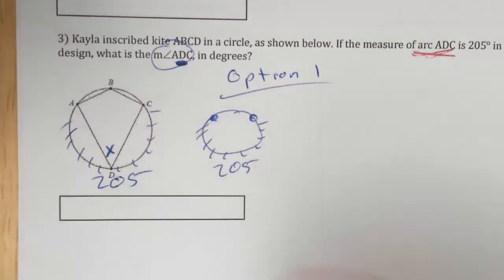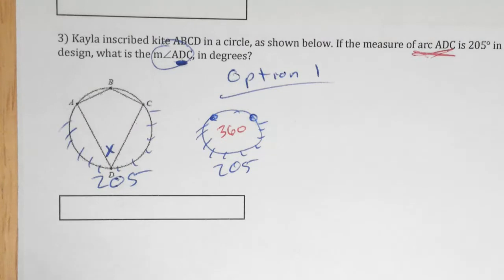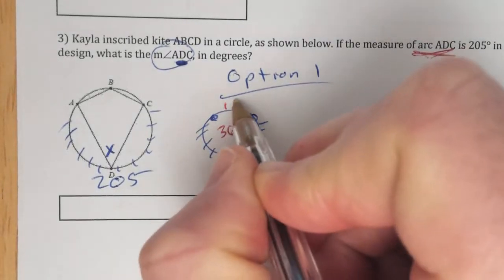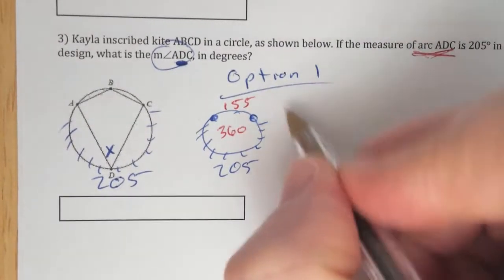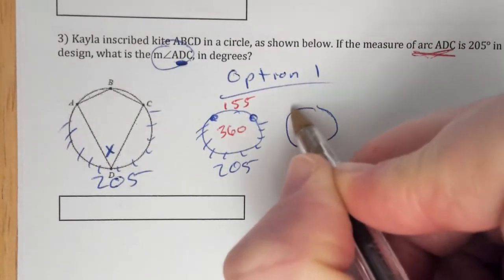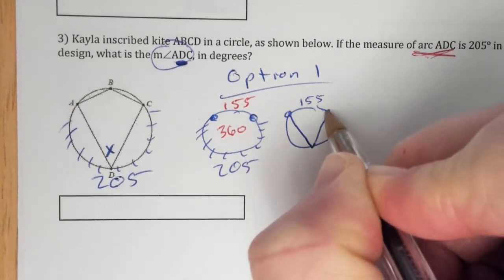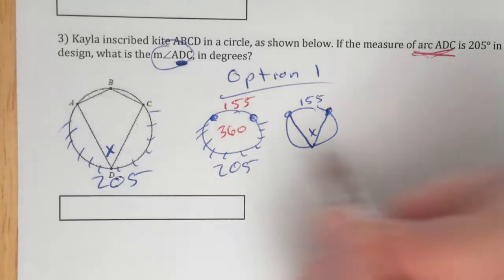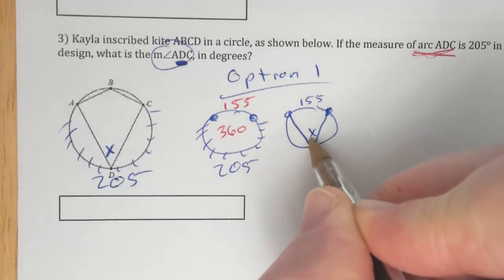And so what would be this part right here in order to complete the 360? All this has to add up to 360. So if it adds up to 360, subtract the 205, this angle right here would have to be 155, right? Okay, so then the next step would be, if this is 155, now I should be able to find angle X. So you see how, if this is 155, what would this angle back here be?